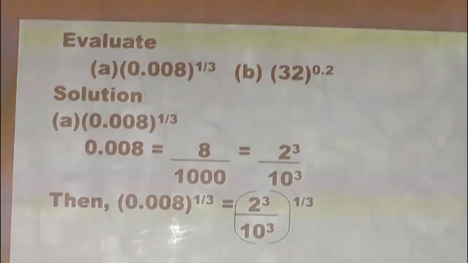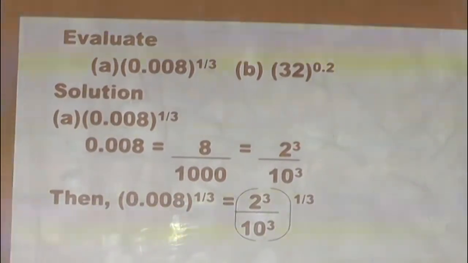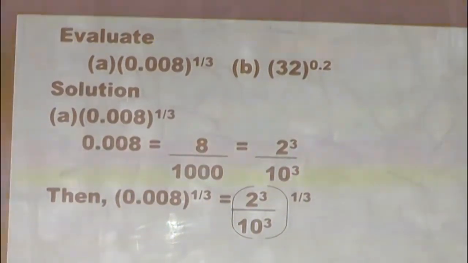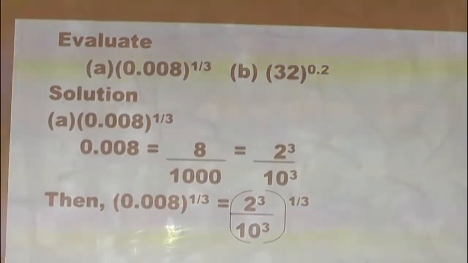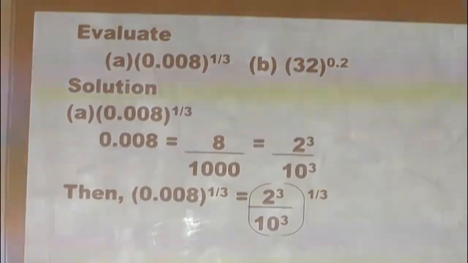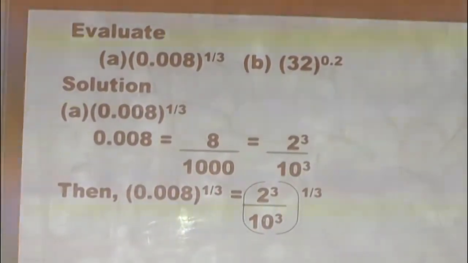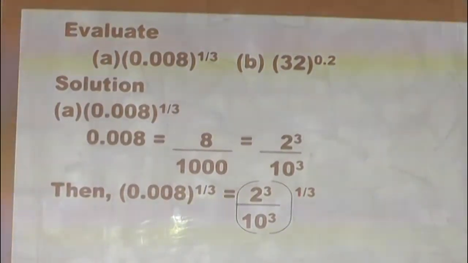And if you substitute 2 raised to the power of 3 all over 10 raised to the power of 3 in position of this 0.008, we are going to have open bracket 2 raised to the power of 3 all over 10 raised to the power of 3 close bracket all raised to the power of 1/3.